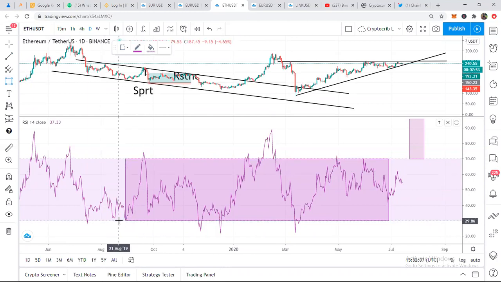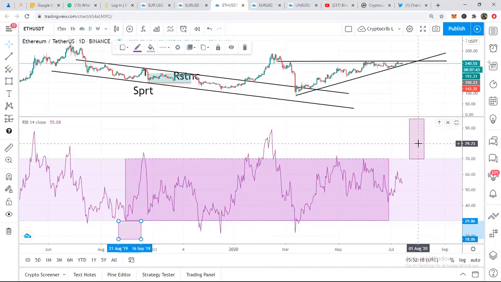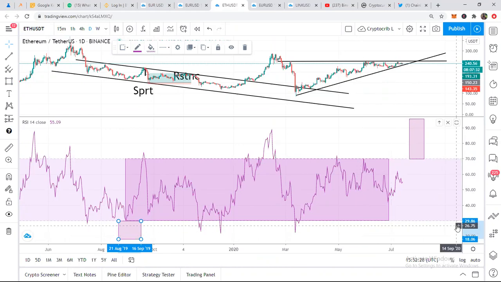So below this point, Ethereum has been oversold. Normal market, overbought, normal market, oversold. So below this mark 30, any line that goes below 30 is going towards the oversold parts of Ethereum USDT.